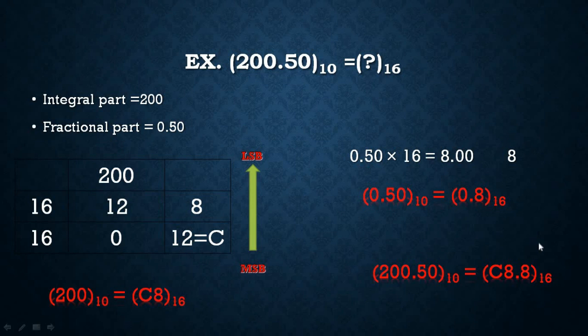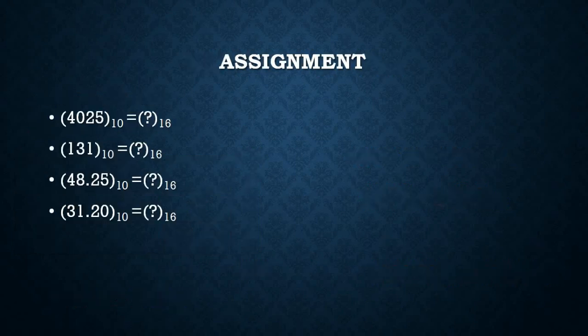Again we show some assignments here to convert decimal numbers into hexadecimal. By solving these examples, we become familiar with how to convert a decimal number into the hexadecimal number system. To convert a decimal number into octal, we divide the number by 8. From this, we identify that to convert a decimal number into any system, the decimal number is divided by the base of that particular system.